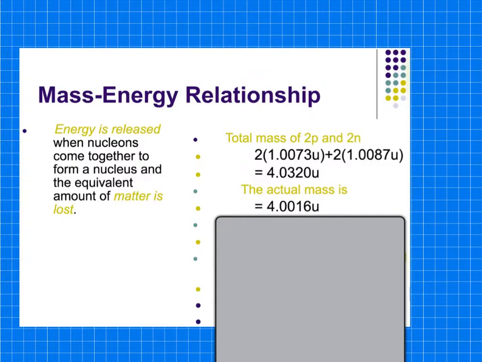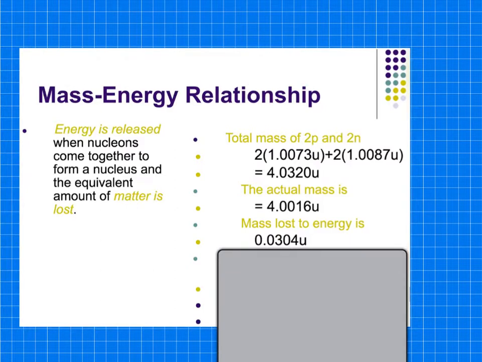The difference between these two masses is the mass that's lost, right? So we can determine how much energy that is by looking at the difference, between what the mass should be and what it actually was. So we have a difference of 0.0304 universal mass units.